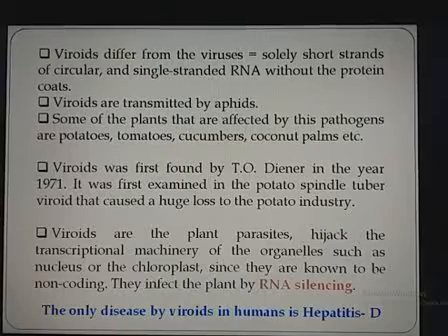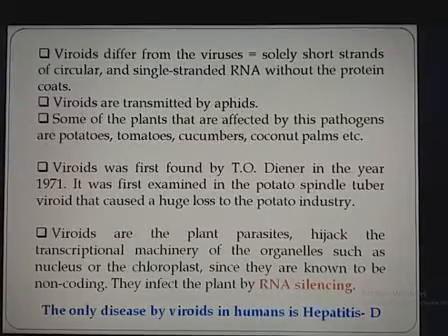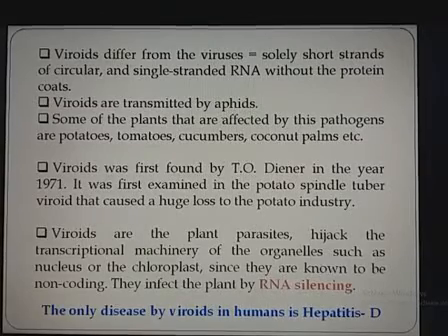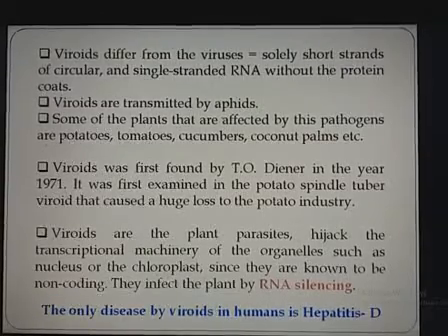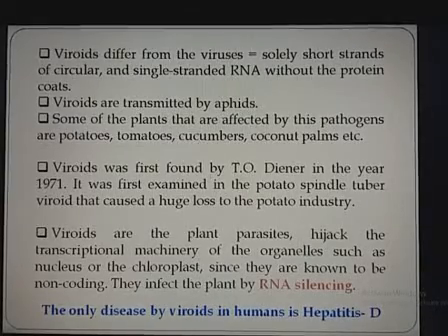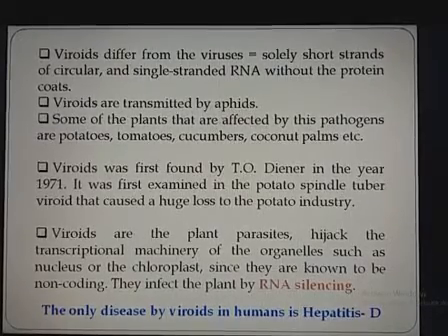Viroids were first found by Theodor Otto Diener in the year 1971. It was first examined in the potato spindle tuber viroid that caused huge loss to the potato industry.